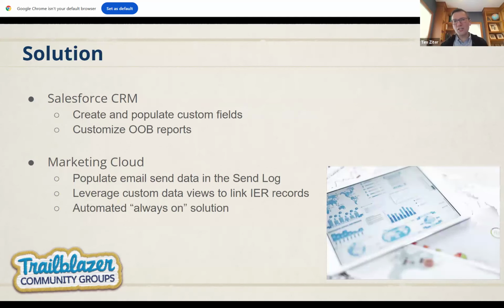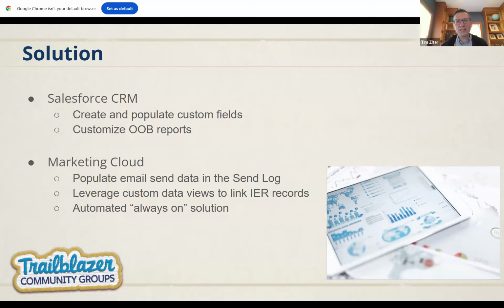So to get to that solution, we're going to be taking that data in Salesforce, those individual email results that the sales team might be using to say which salespeople are sending out emails, which aren't. And we want to populate in the individual email results a send from name and send from email field so that they can track and run reports and say, okay, this salesperson's sending out these emails, this one isn't.